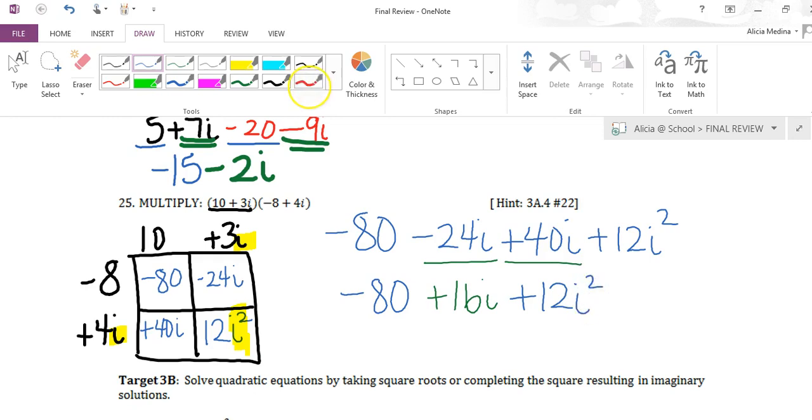Now the other thing to remember is that anytime you have an i squared, right, i squared here is going to equal negative 1. So you have to replace that with a negative 1. So what this is going to end up looking like is negative 80.